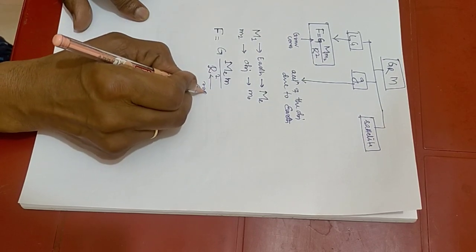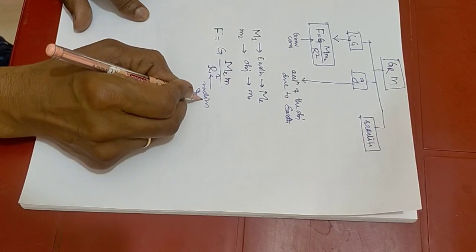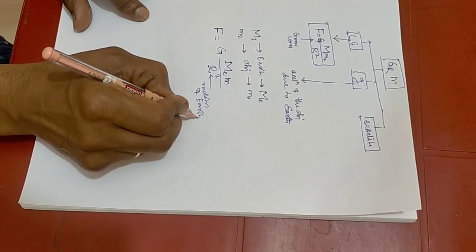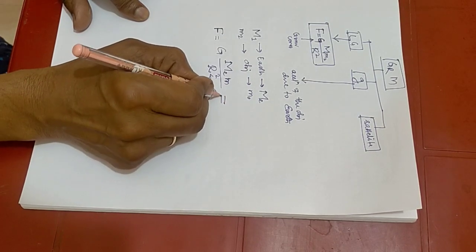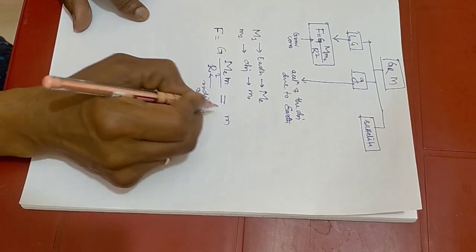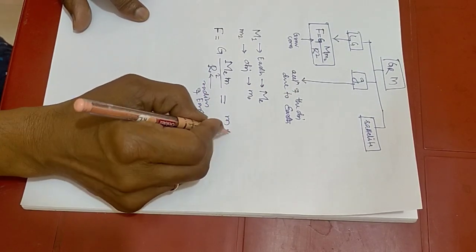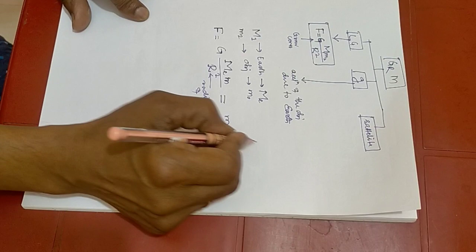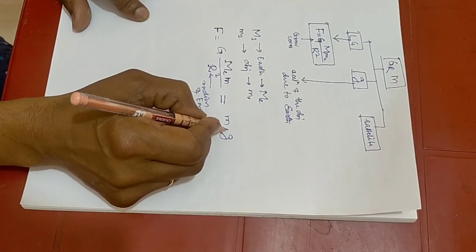This r is the radius of Earth. Now it becomes mass and some acceleration with which the object is pulled.